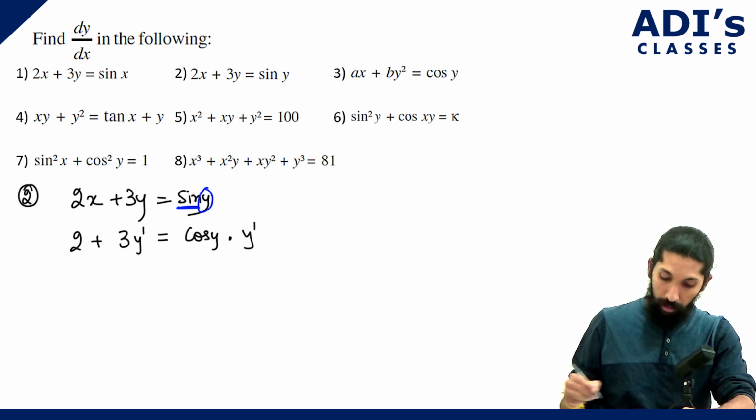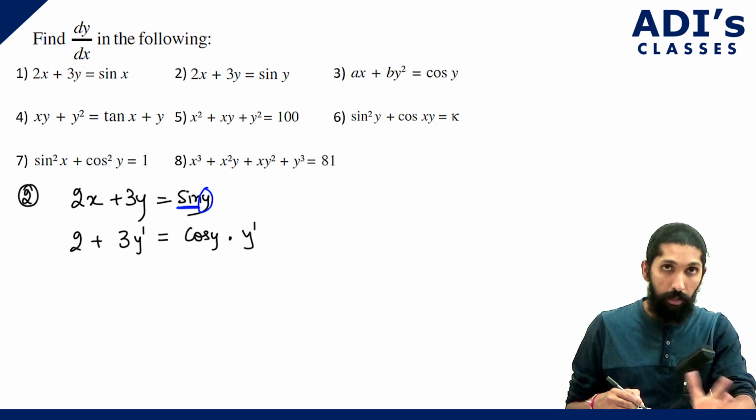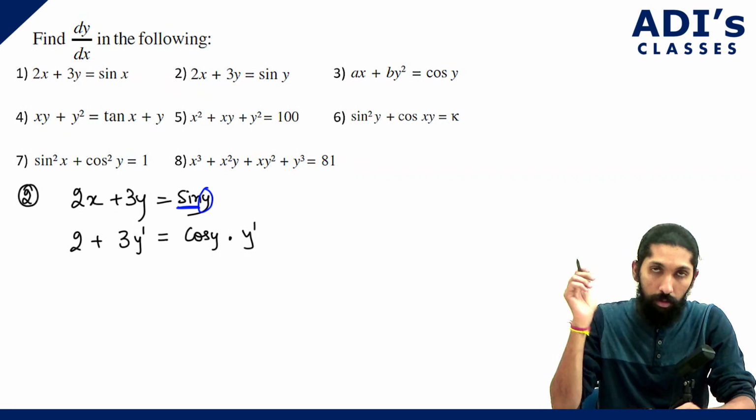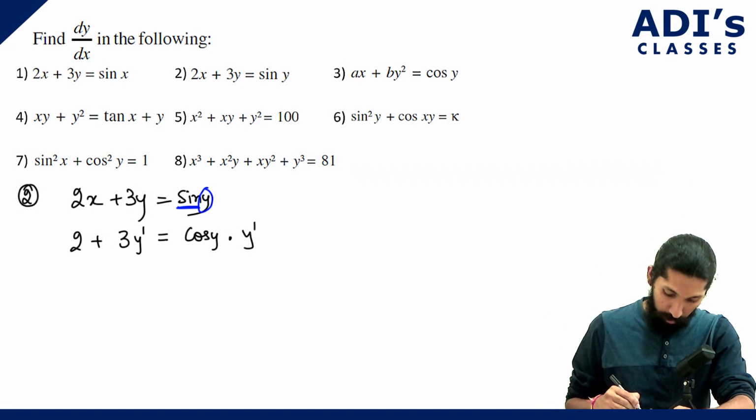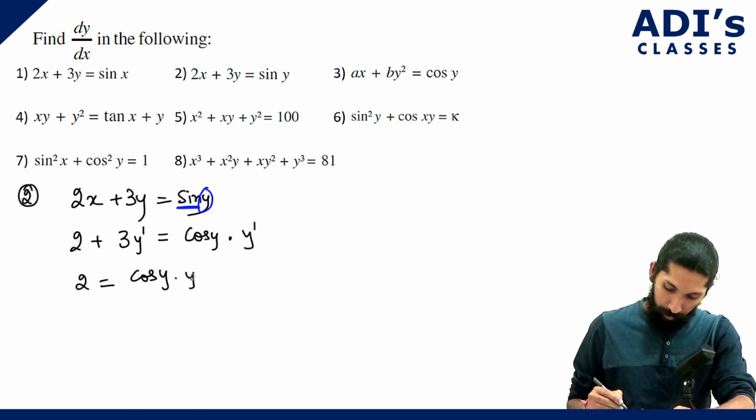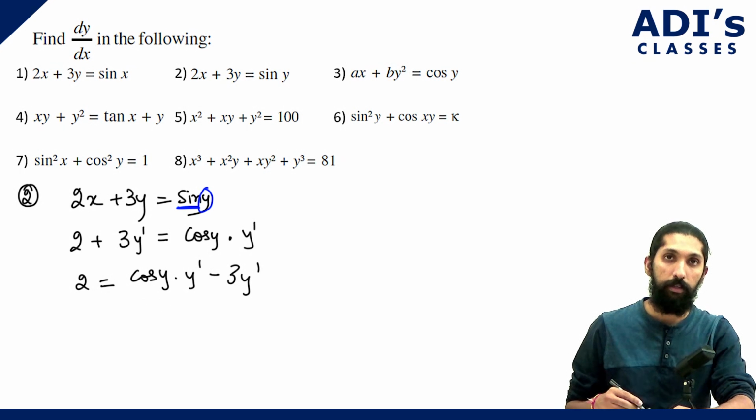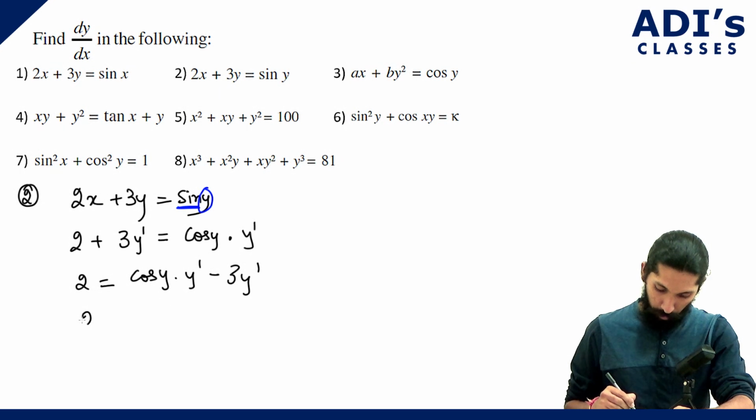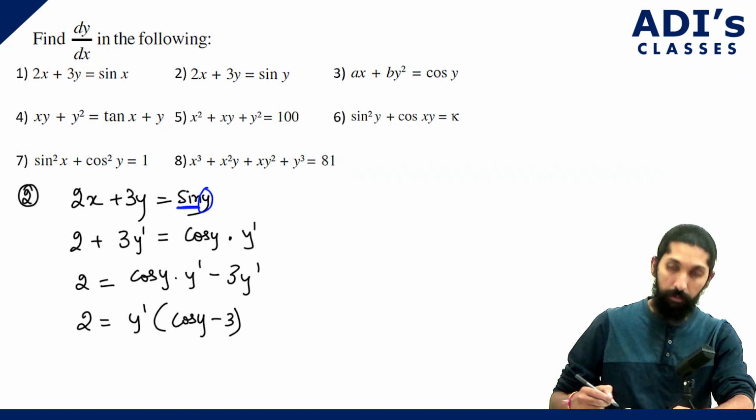Okay, now the y dash should be the same everywhere, in the sense, take all the y dash on one side. So 2 is equal to cos y into y dash minus 3y dash, correct? So 2 is equal to y dash into (cos y minus 3).